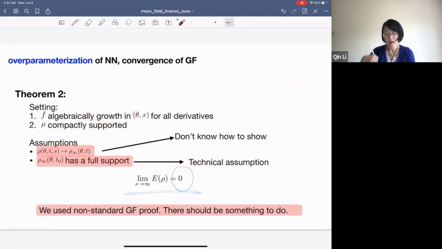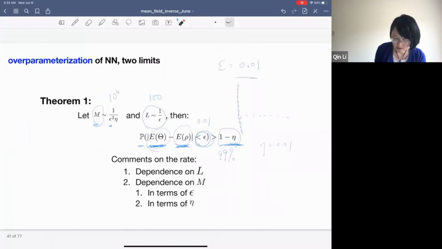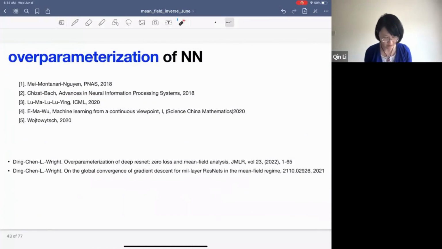So this is to say, as the training time goes to infinity, the cost of the gradient flow, the loss function, is truly descending you to 0. And when we combine this with the result over here, you can see that E of theta is also descending you to 0. So that basically means you indeed find the configuration of the neural network so that the output of the data really matches with the label that you gave me. So you find the optimal configuration.